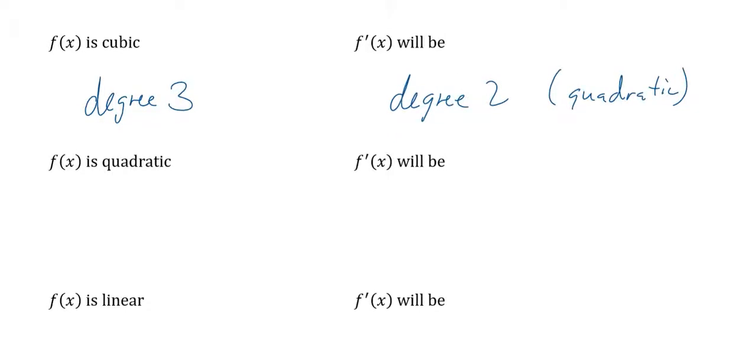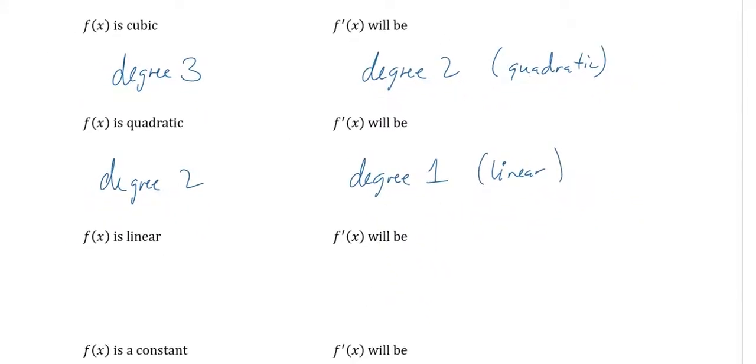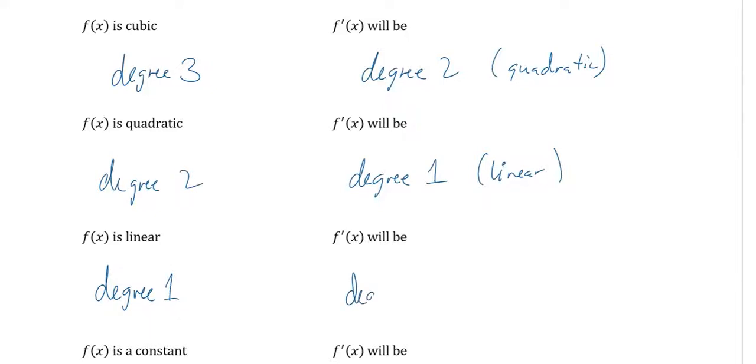What's degree 0? Yeah, it's a constant. It'll be a horizontal line. If f of x is a constant, that's degree 0.